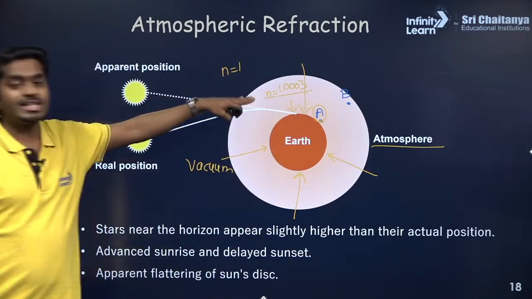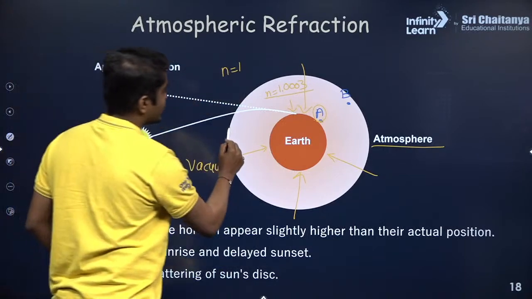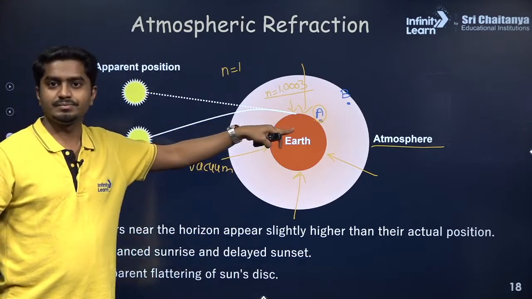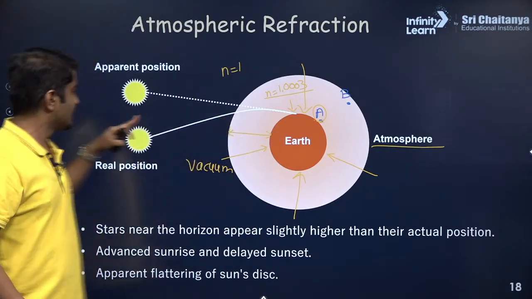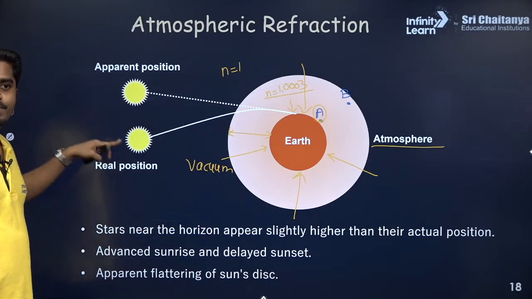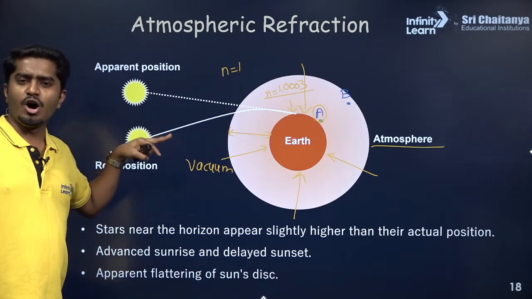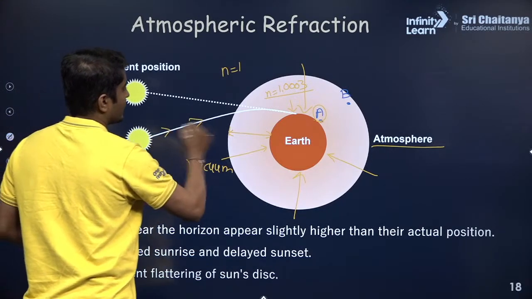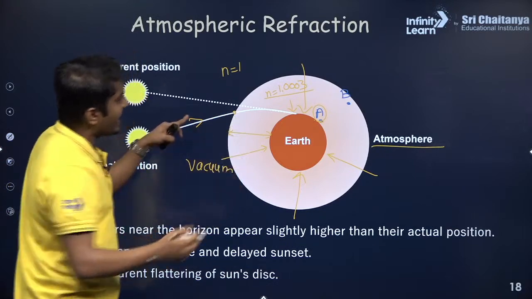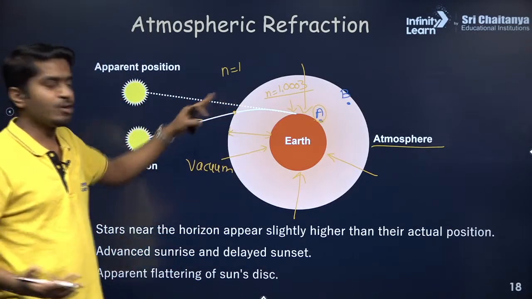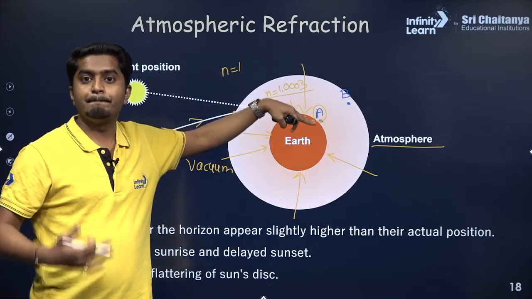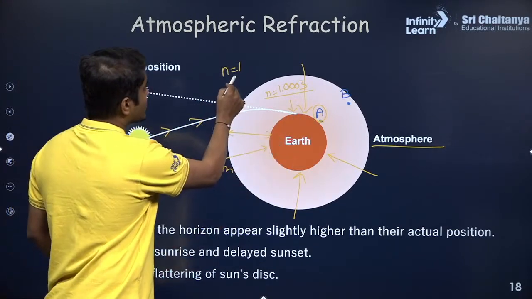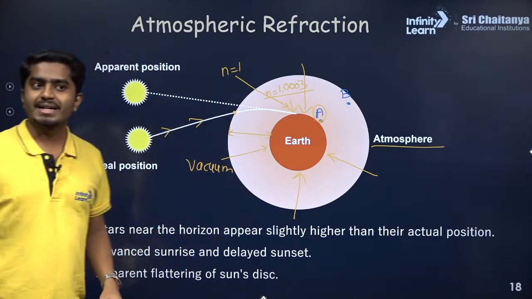There is a very small change, but this distance is quite large, a few hundred kilometers, and because of that, the light coming from an object, for example the sun or some star, travels in a straight line in the vacuum, but when it enters the earth's atmosphere there is a gradual bending of light due to the gradual increase in the refractive index.